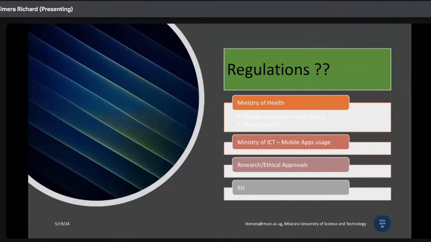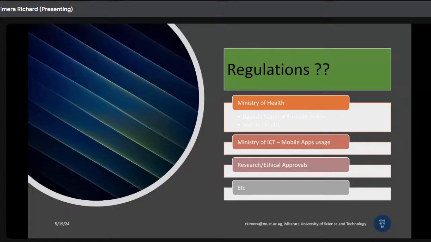But for Uganda, we know we have some of those policies. The Uganda National E-Health Policy, the Mobile Health Policy. We also have from the Ministry of ICT guidance on mobile apps usage. I saw recently they are coming up with a cybersecurity law, sort of.